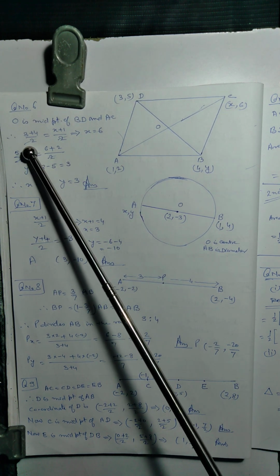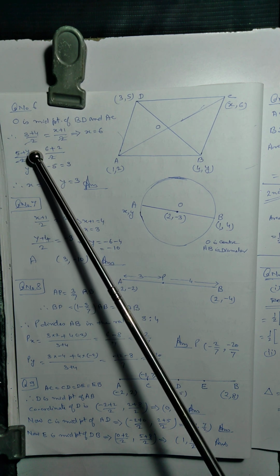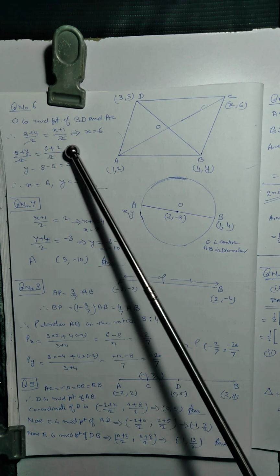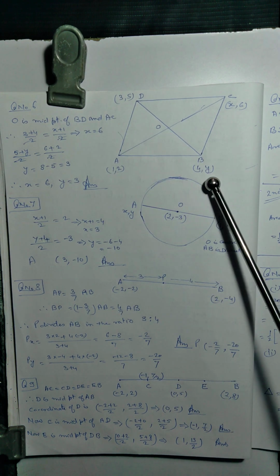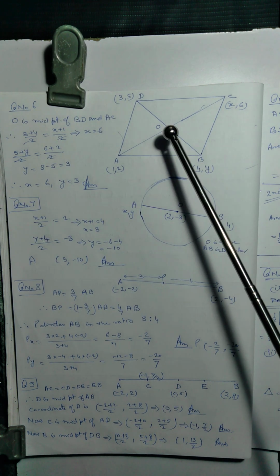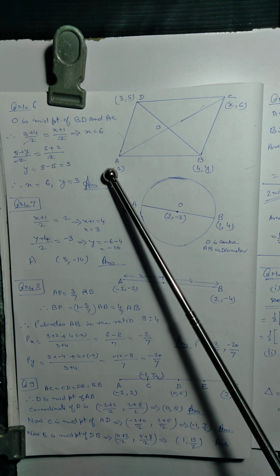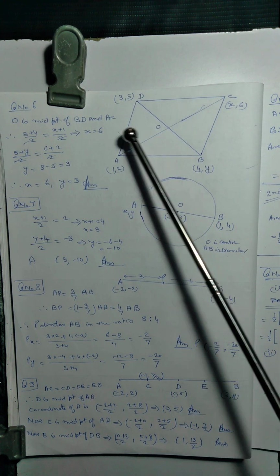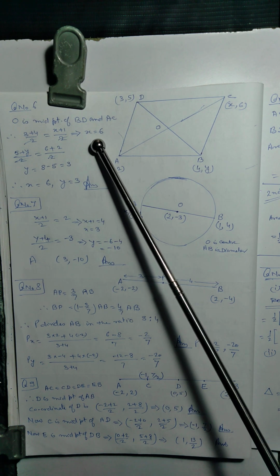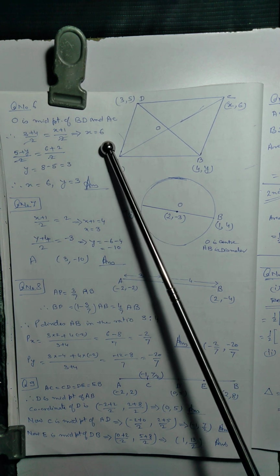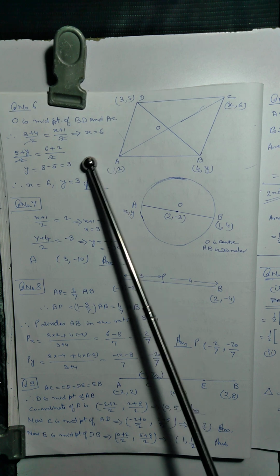Therefore, (3 plus 4) divided by 2 should be equal to (1 plus x) divided by 2. So (x plus 1) divided by 2. Hence we can get the value of x, that is 6.